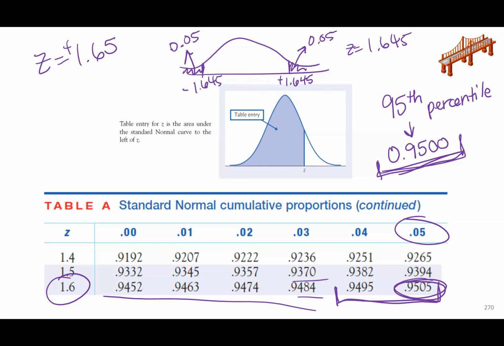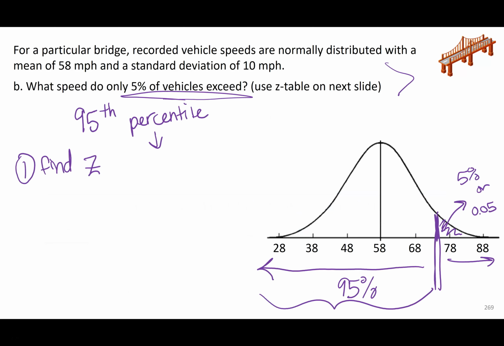That's why. So we're going to grab this and go back to the other page. I'm going to use z equal to 1.65. You're welcome to use 1.64 or 1.645, whichever. I know it's 1.645 from other things, including software. I don't expect you to calculate that exactly.